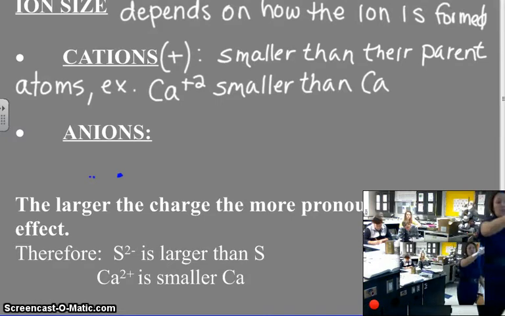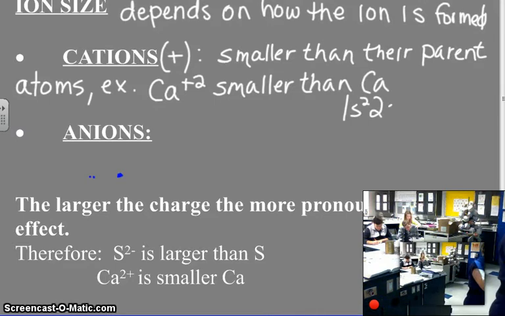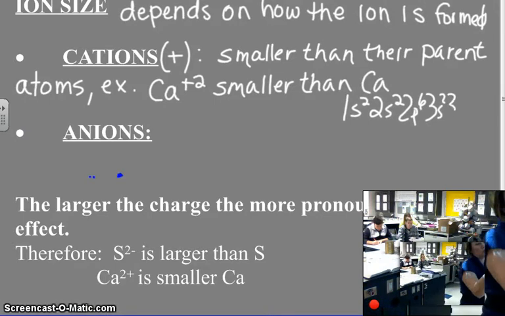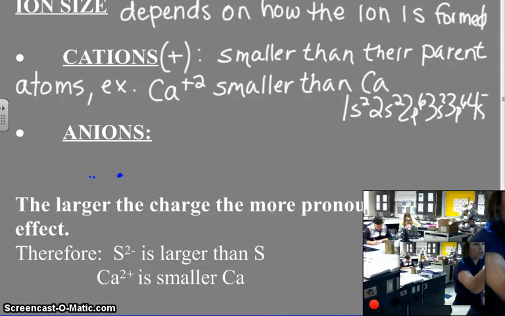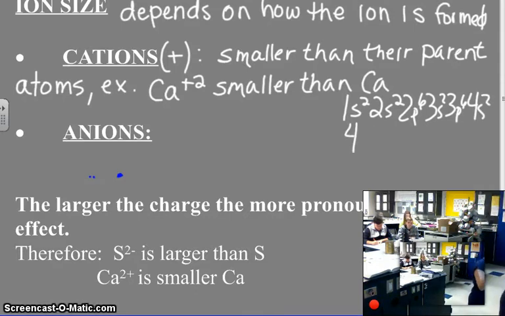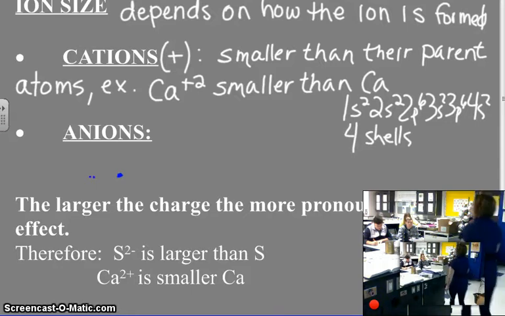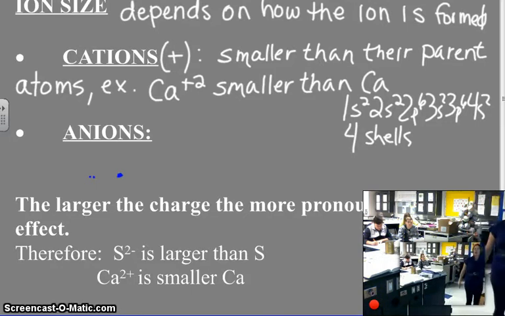So calcium's configuration is 1s2, 2s2, 2p6, 3s2, 3p6, 4s2. There are 4 occupied shells, right? And 20 protons. When you become the calcium ion, you've lost 2 electrons. Which 2?